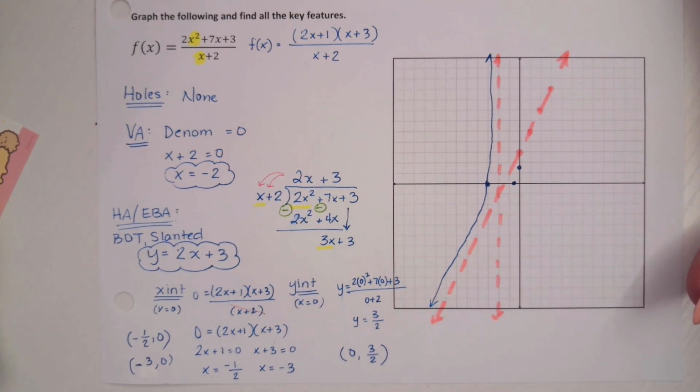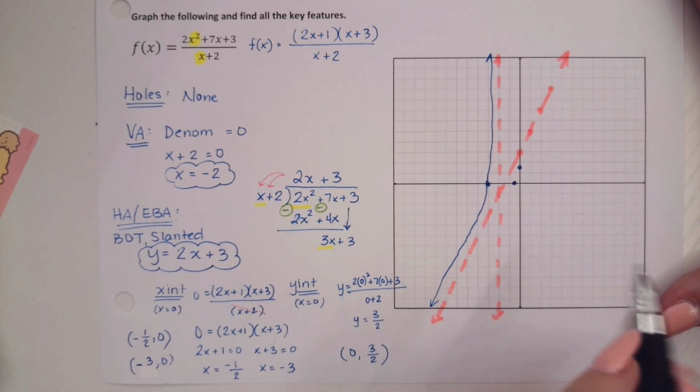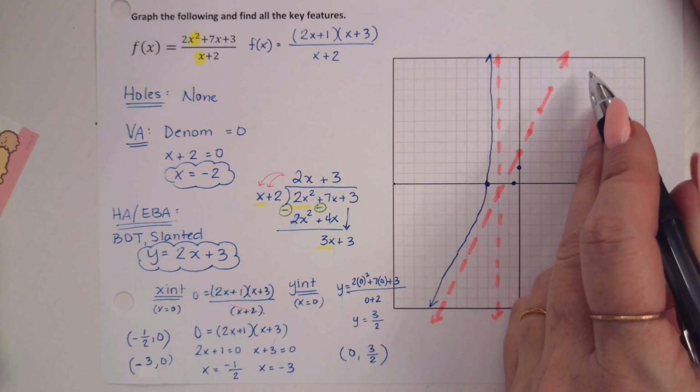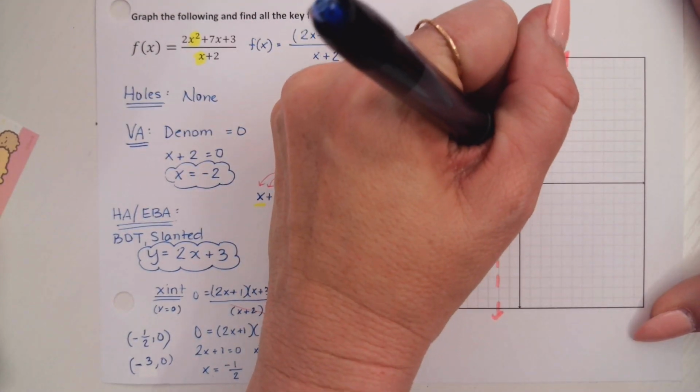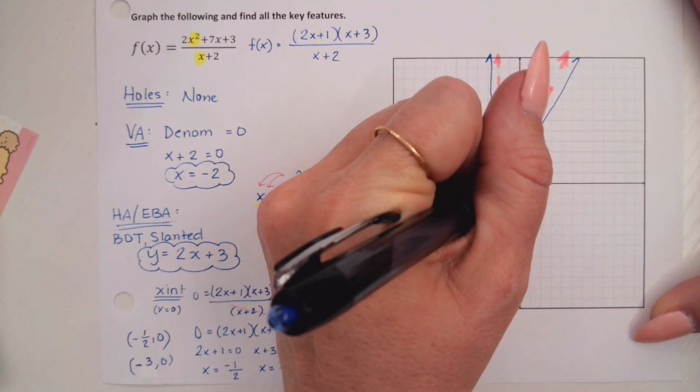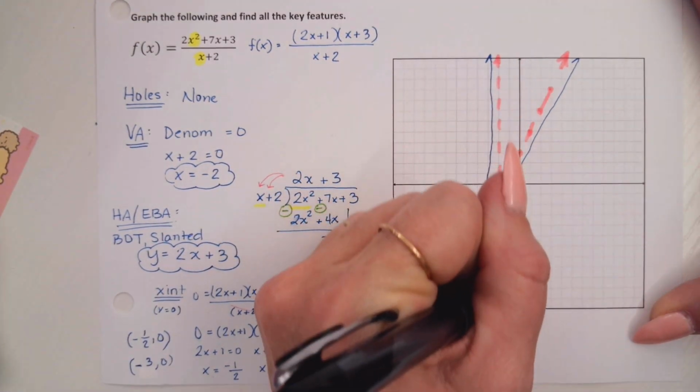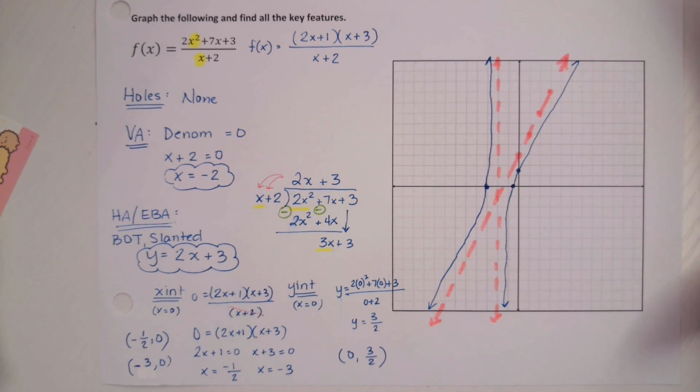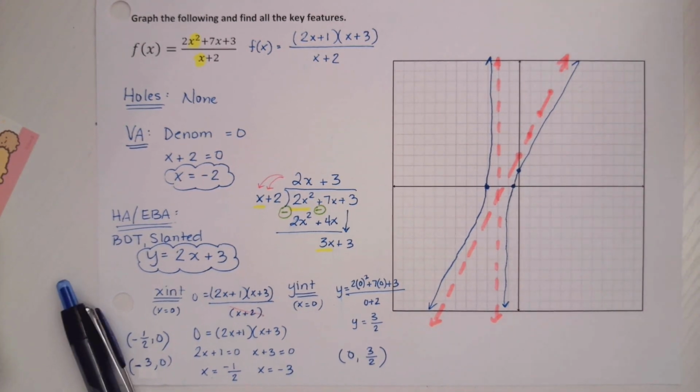For the points on the right side, as they go up, they're going to follow the slanted asymptote and turn. And as they go down, they're going to follow the vertical asymptote. Before you flip your paper over, we are going to do domain and range for these in set notation.